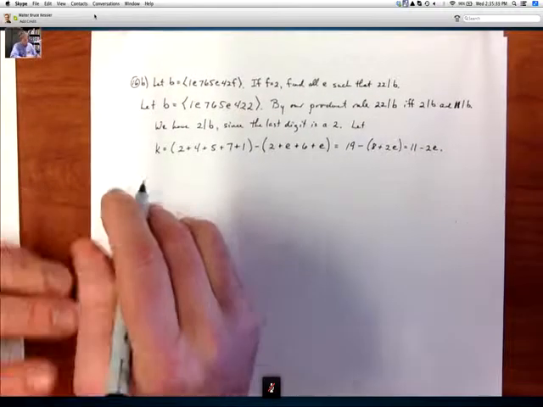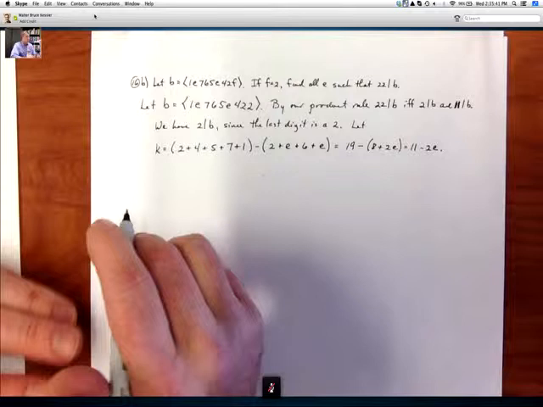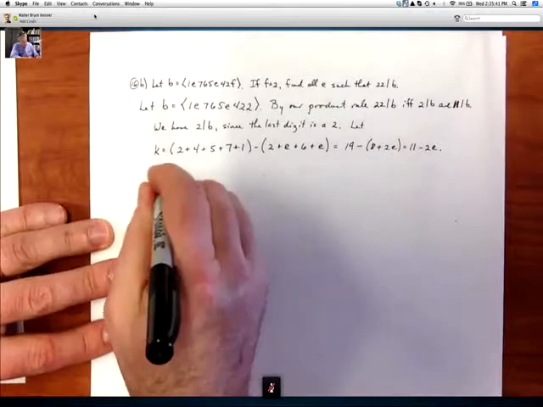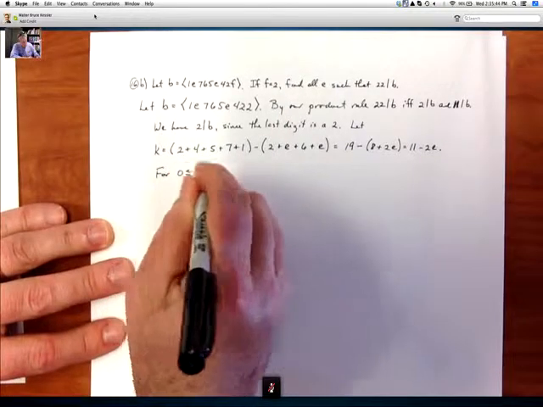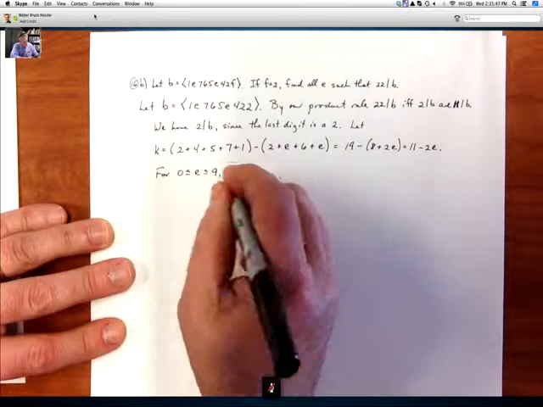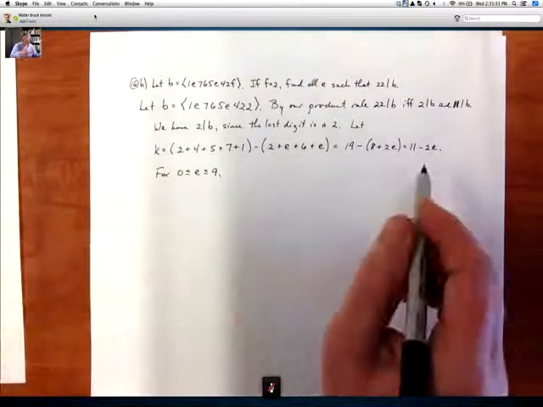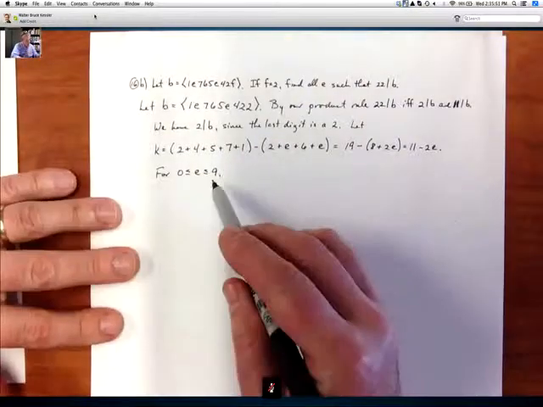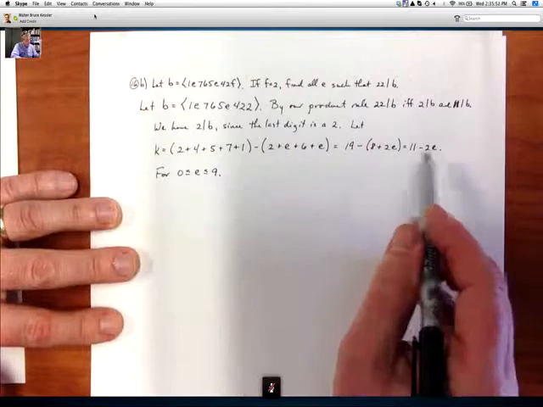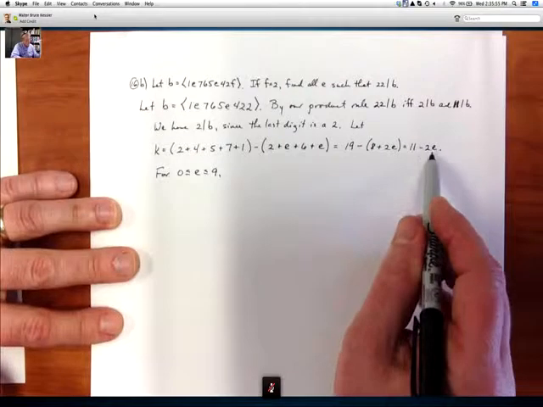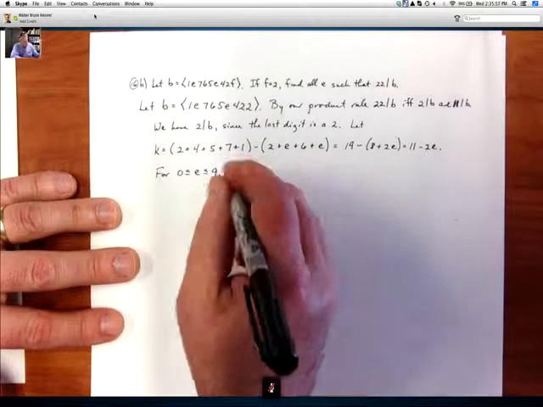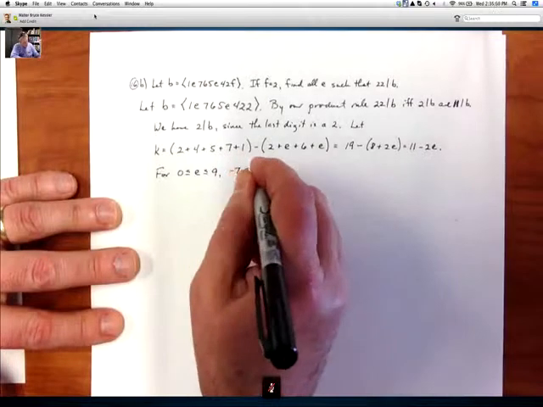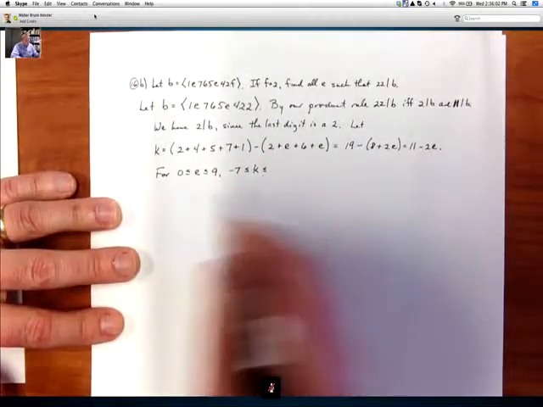And again, I'll kind of take Matthew's approach on this one. E goes between 0 and 9. The smallest K could be is if E is 9. 11 minus 18 would be a negative 7.